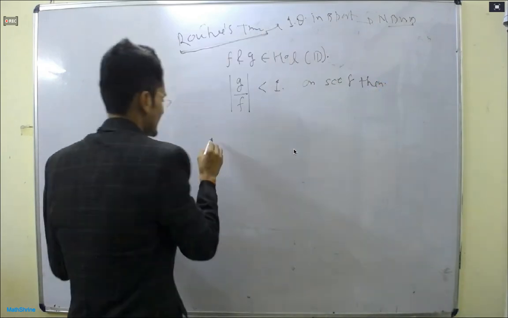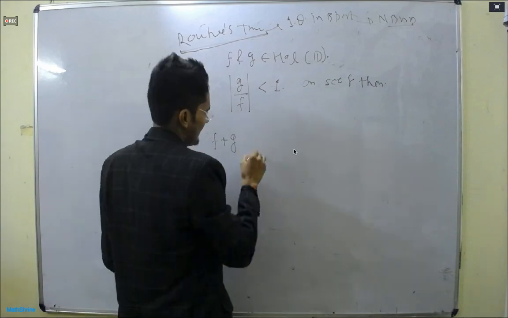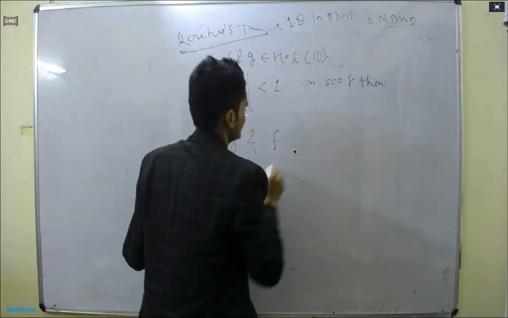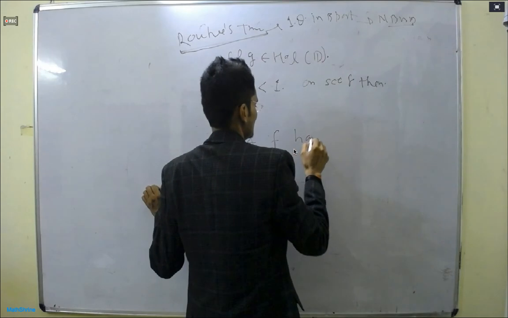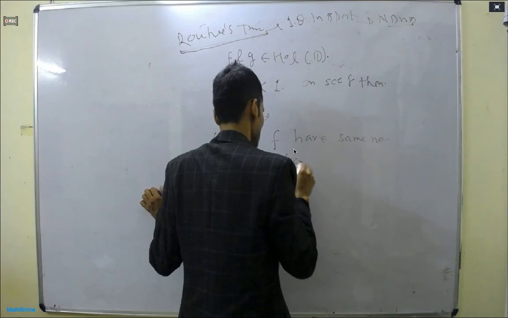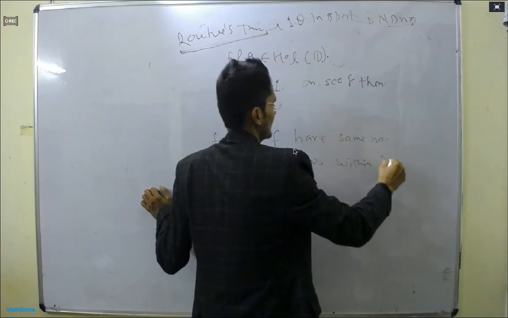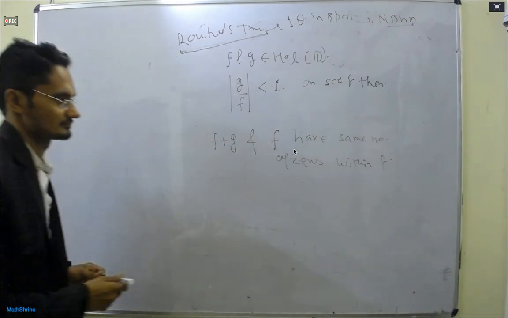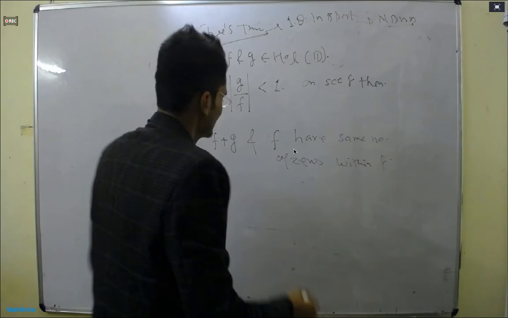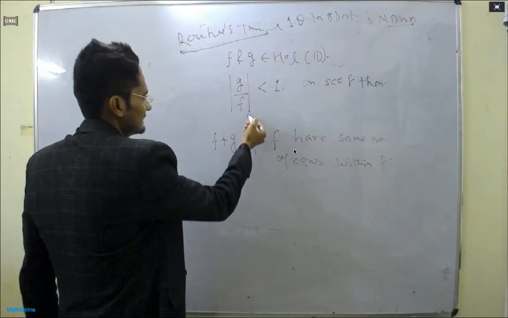What is the meaning of this? Or we can also write, if the modulus of f is greater than the modulus of g, so here the dominating function is f. First, let us look at the deep analysis of Rouché's theorem.